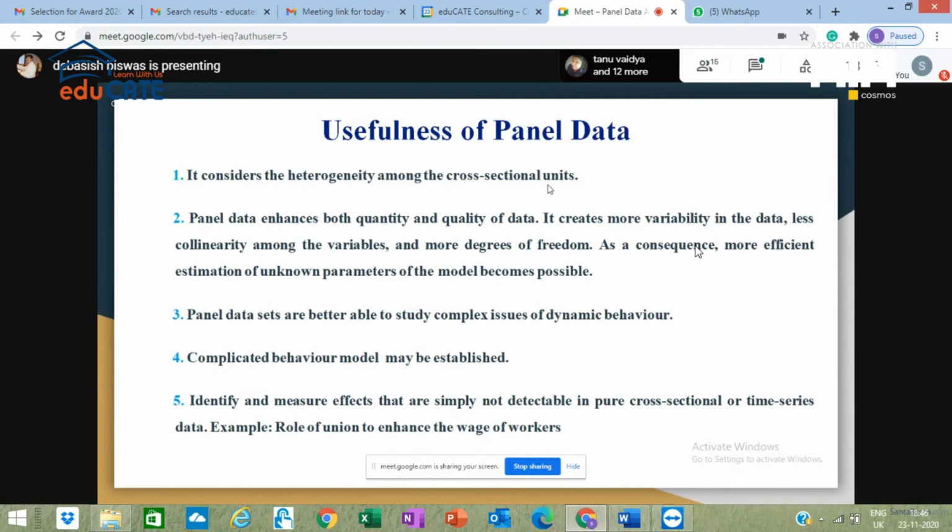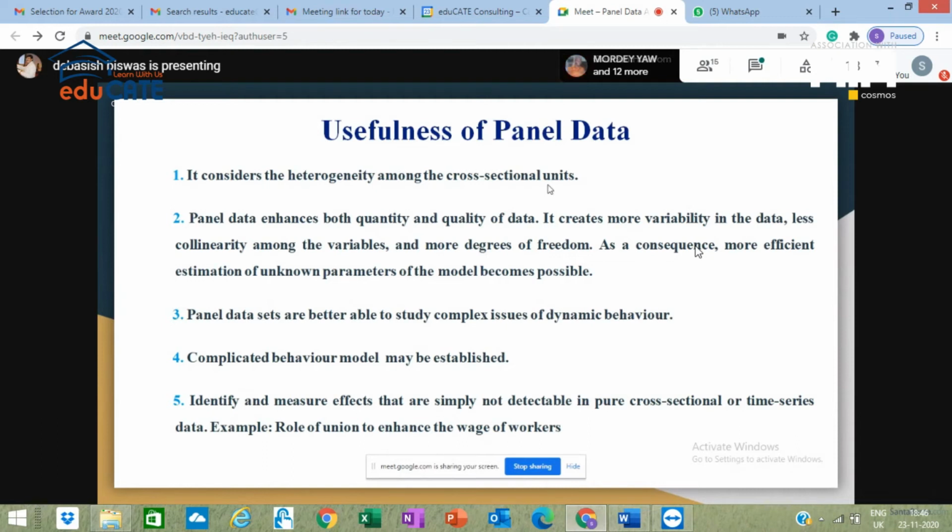But when we are considering panel data, it considers all the cross-sectional units under study are different from each other. That's why we have classified the workers on the basis of gender.